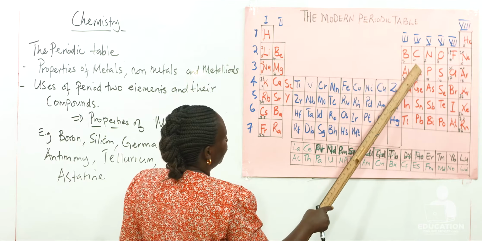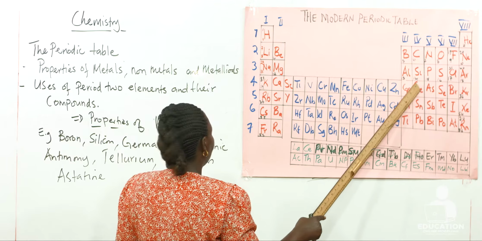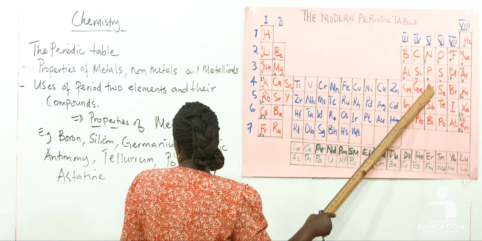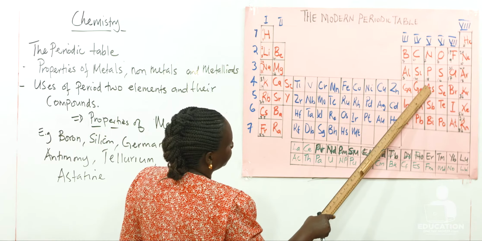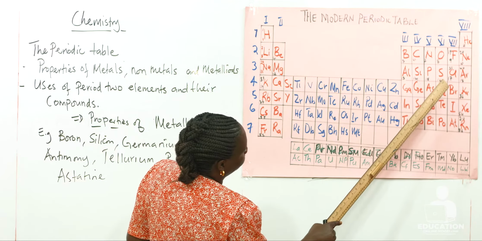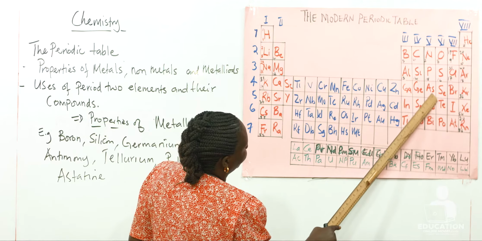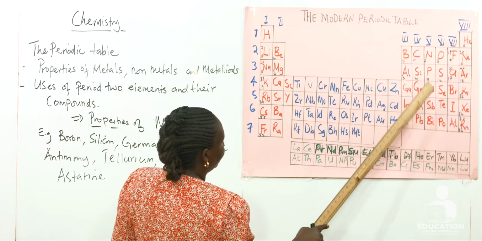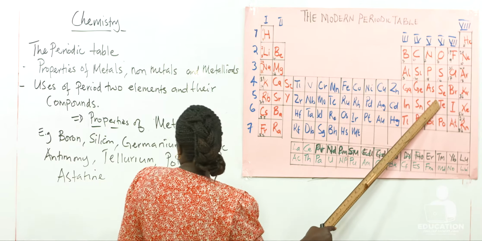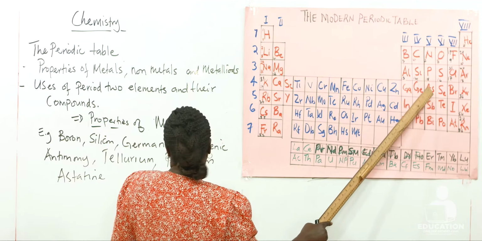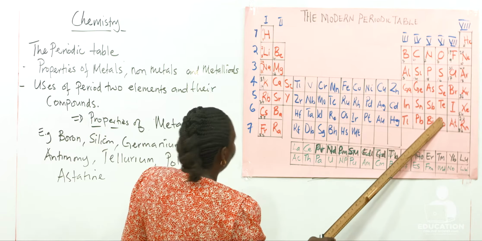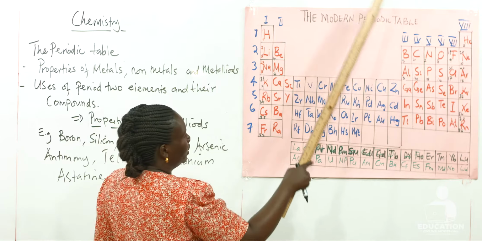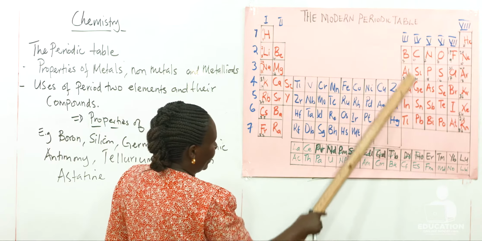Then we come to silicon, germanium, arsenic, antimony, tellurium, polonium, and then astatine. So they are around this area here.